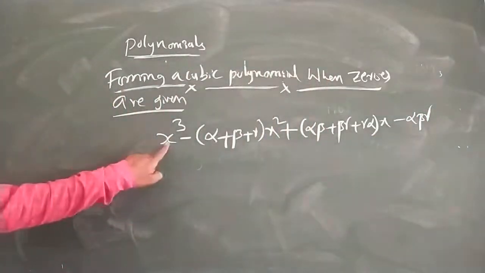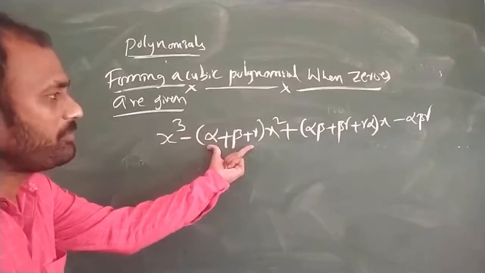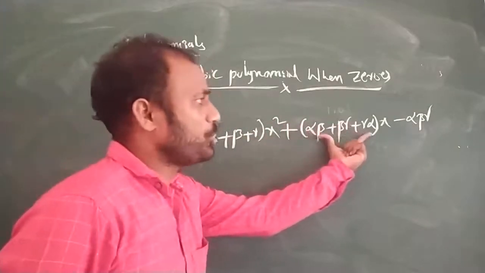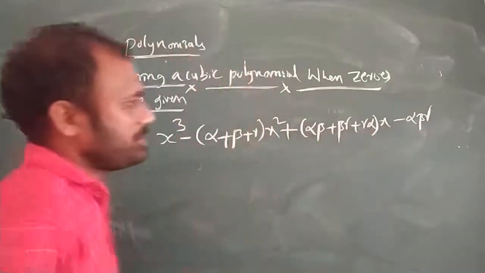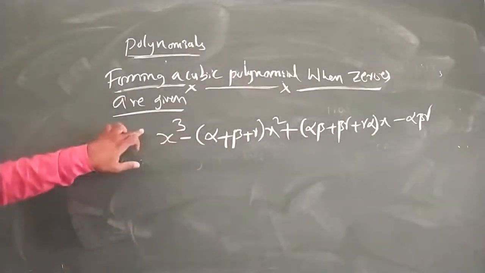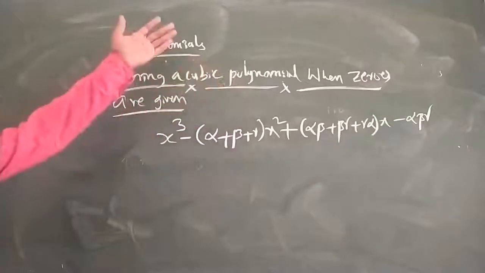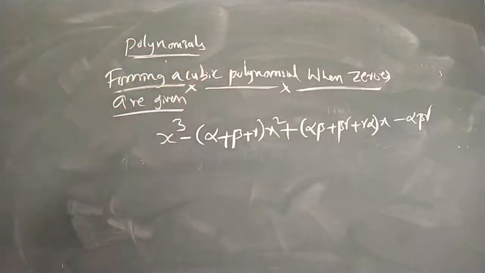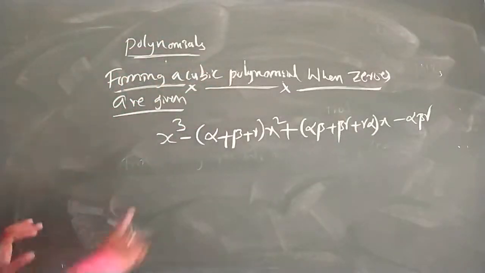So here the first one we will call the sum of the zeros, then the sum of the zeros taken two at a time, and here it is the product of the zeros. This is the equation we have to remember for framing a cubic polynomial. Previously we learned how to frame a quadratic polynomial, and now we have learned how to frame a cubic polynomial.